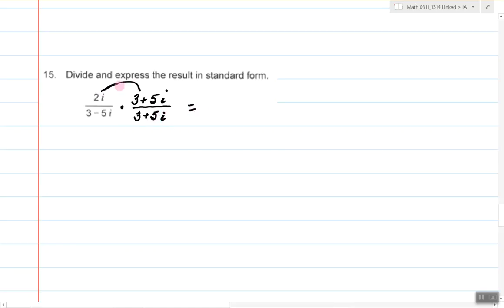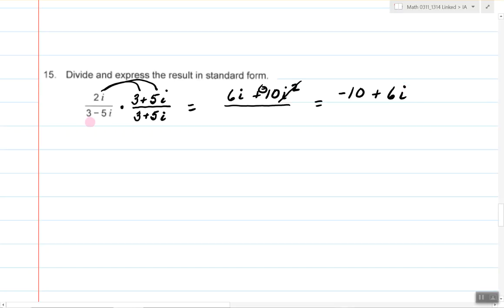Going to distribute in the numerator. 2i times 3 is 6i. 2i times 5i is plus 10i squared. I squared causes that to become negative 10. Going to reverse the order and put the negative 10 first, and then plus 6i. That might seem odd, but that's very, very common.